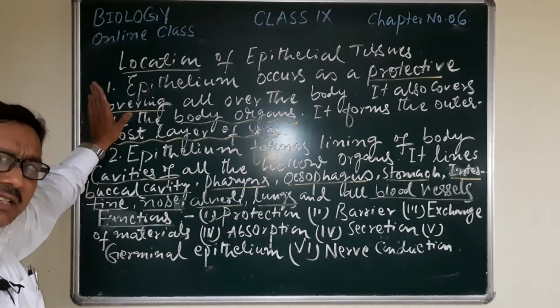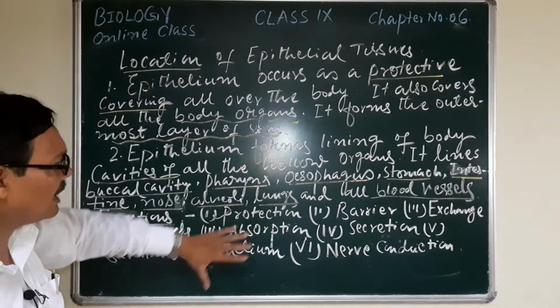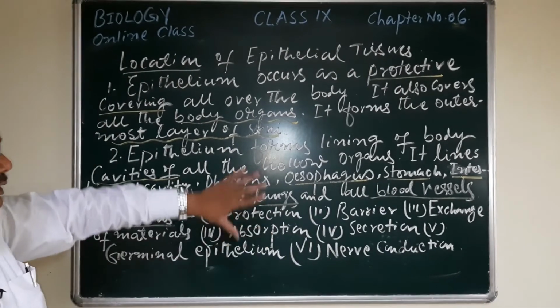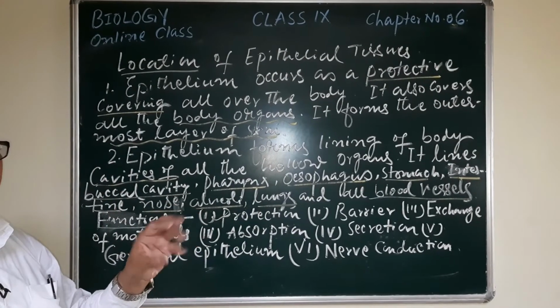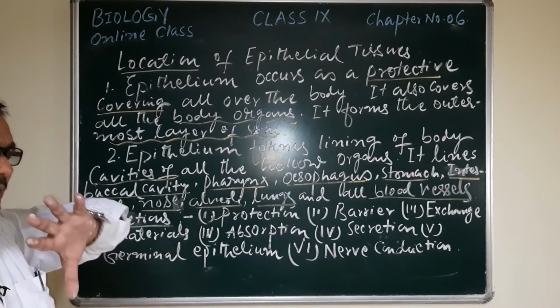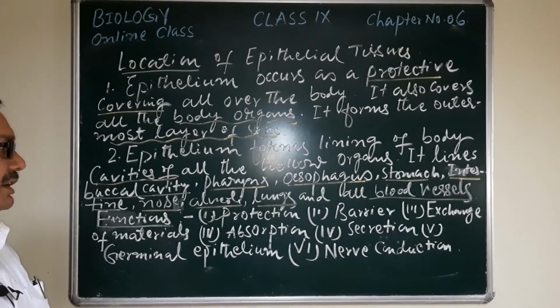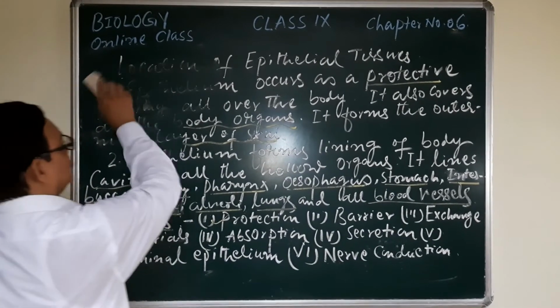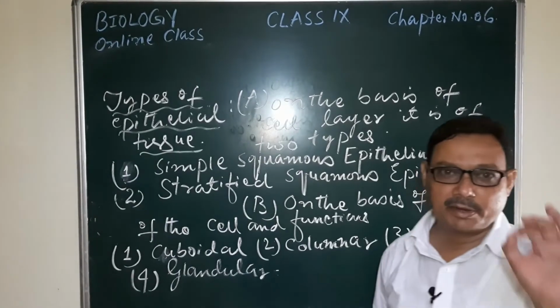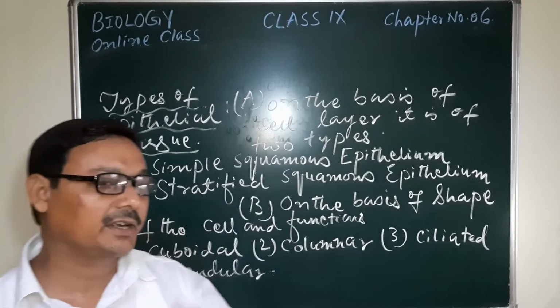When we study the different types of epithelium separately, you will see the locations and important functions in a more comprehensive way. Epithelial tissue is classified depending upon two different criteria.